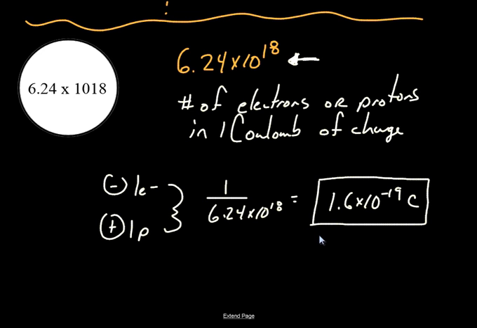And this is a special charge because it's the smallest amount of charge that you could ever have, because there's nothing, in terms of normal matter anyway, that has less charge than an electron or a proton. So we call this the elementary charge.